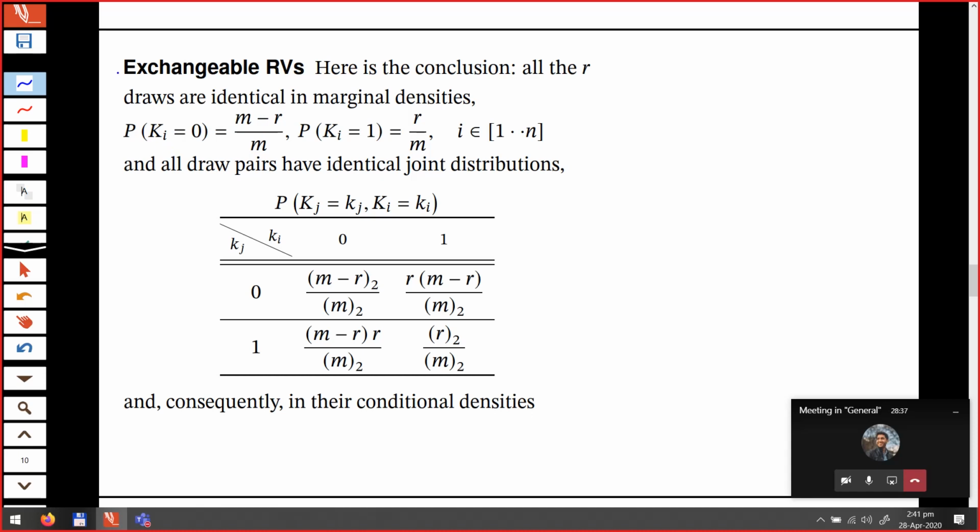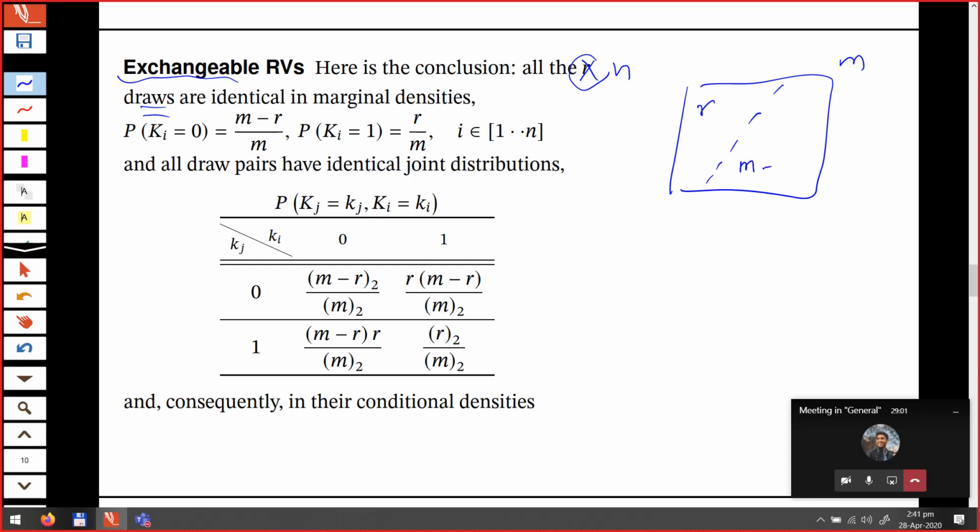I'll get to this name in a while, but the conclusion is that all the draws, sorry, this is not R draws, this is N draws. Let me go back to that setting. I have M objects. One subset has R elements, the favorable ones.